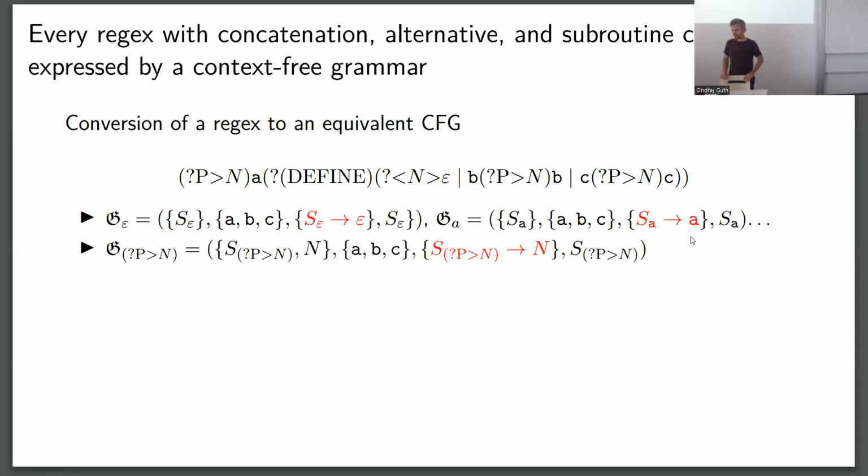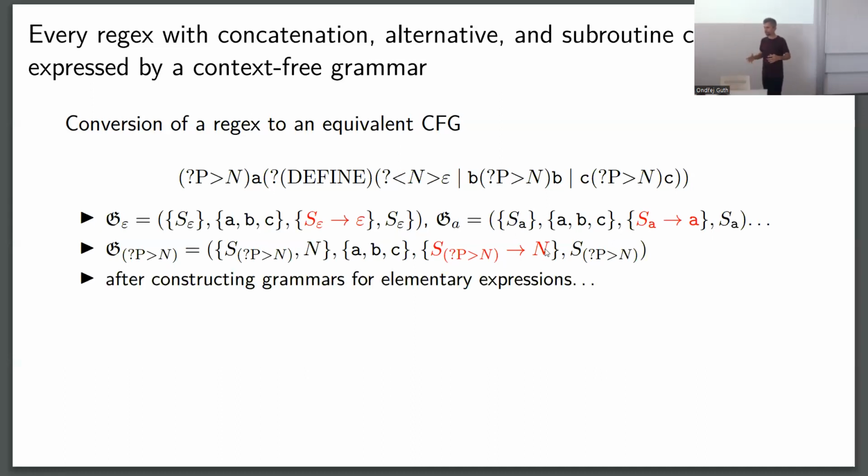Then a grammar for the subroutine call, which just generates some non-terminal, which of course we then need to make sure corresponds to some named group, or group named the same way. So these are the primitive sub-expressions. Then we need to join them together using those higher level constructs, concatenation and alternative.